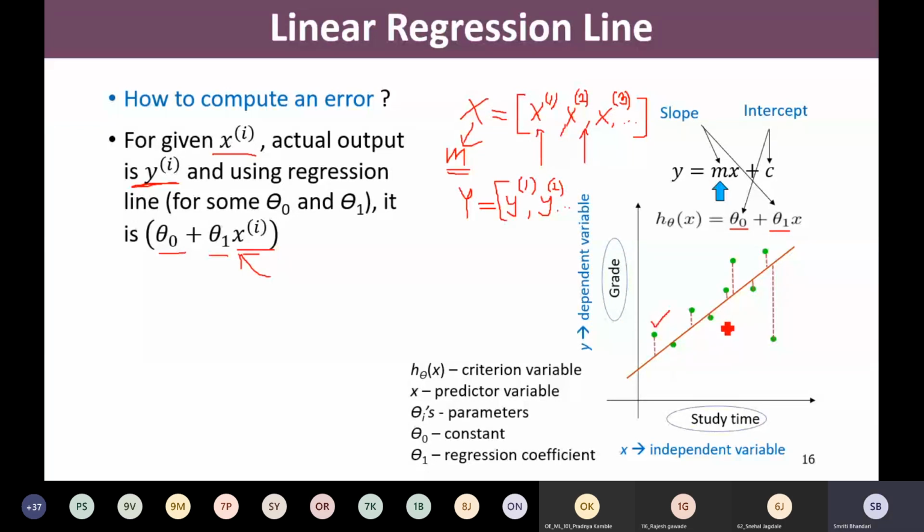So every green point is one data sample that is representing the data related with one student. Is that correct? So how many students' data am I having? Data related to m number of students I am having. Okay. So what is small m? Small m is the number of samples that I am having in my data set.